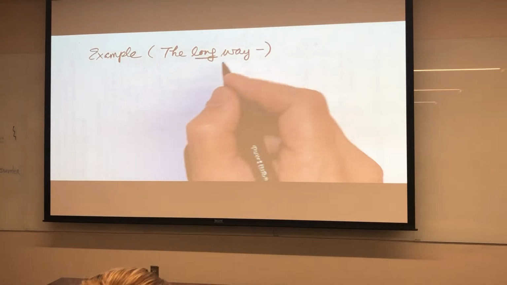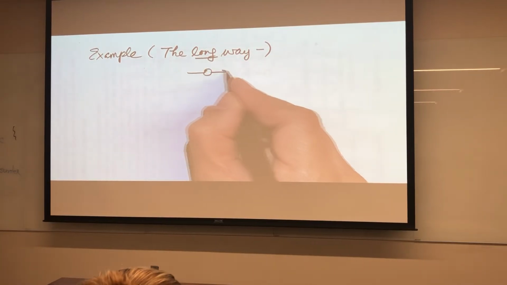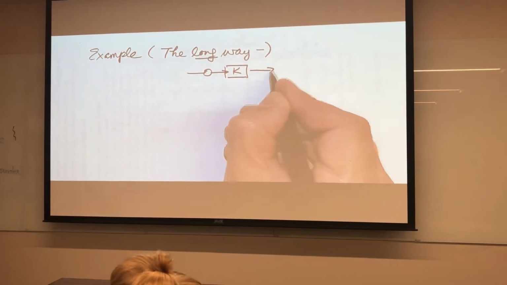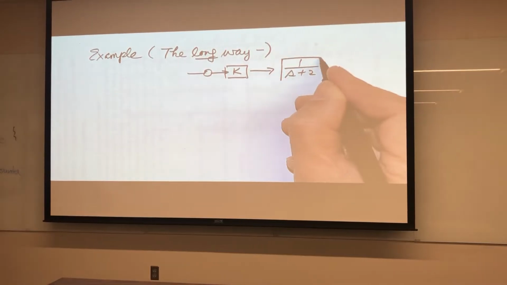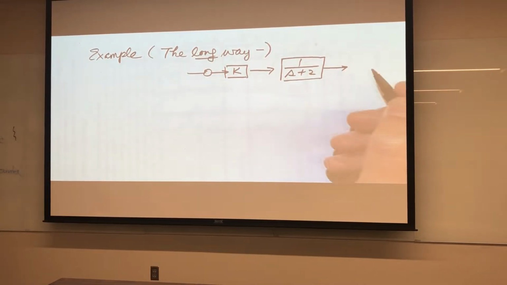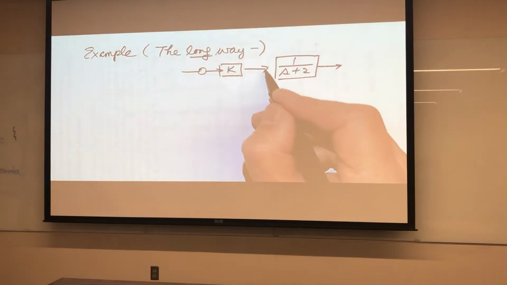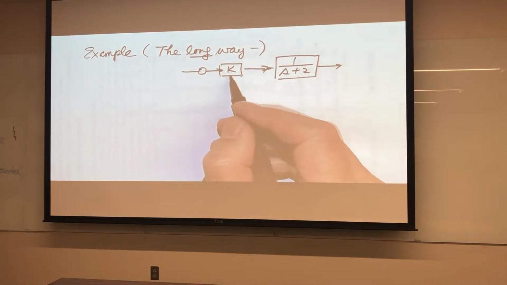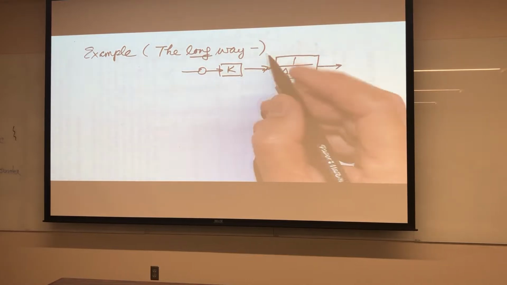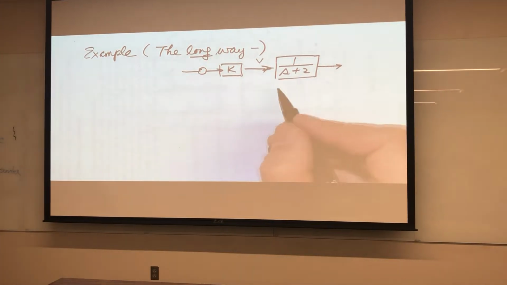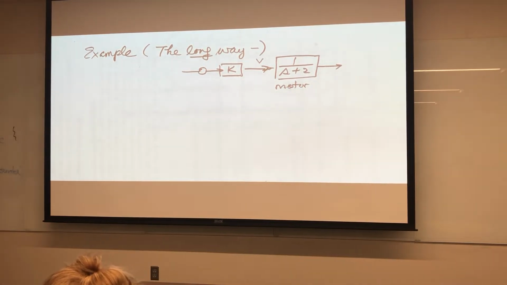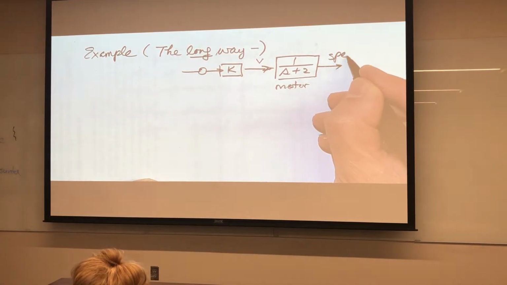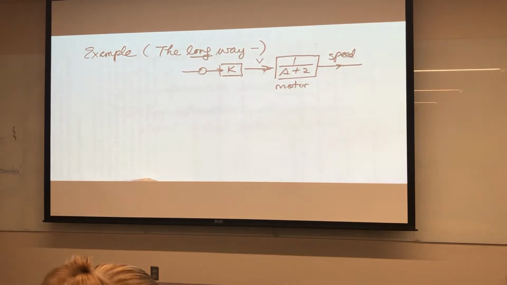We're going to draw this system, this model. We're going to control the position of a motor. The compensator, the controller, calculates a voltage, V, and this is the motor. When you apply voltage, the motor starts speeding up, and this is the speed of the motor right here.